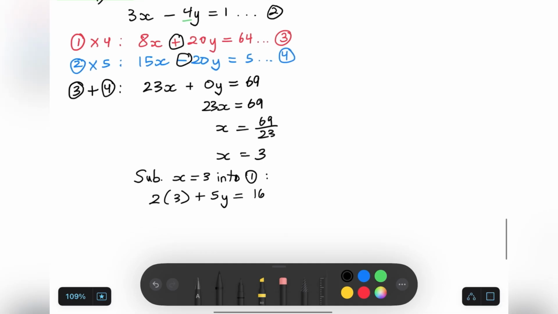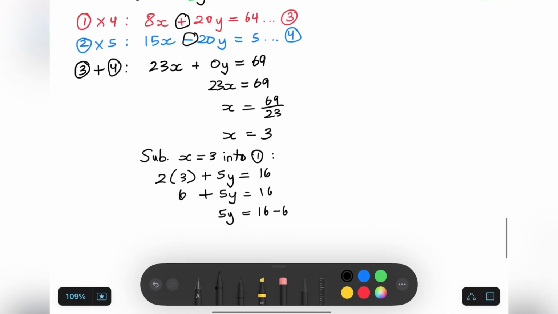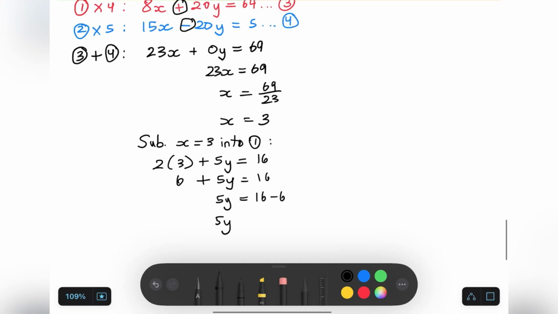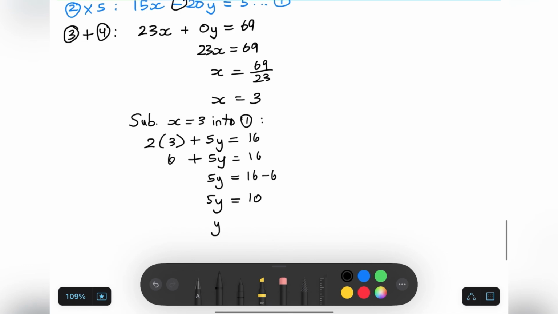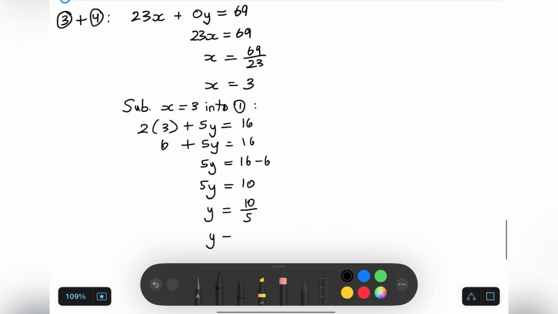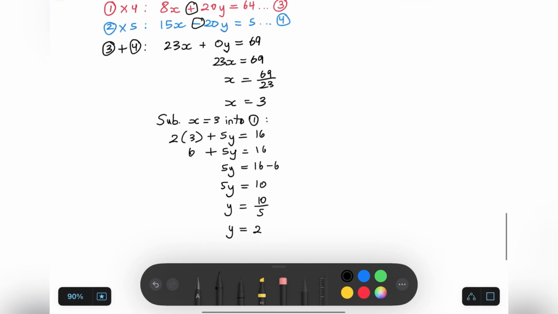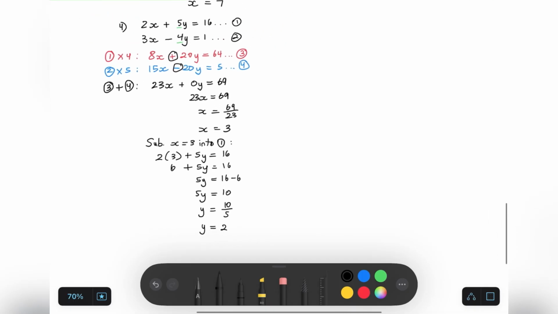So then 6 plus 5y is equal to 16, which means that 5y is equal to 16 take away 6. So therefore 5y is equal to 10, and therefore y would be equal to 10 divided by 5, which means y is equal to 2.